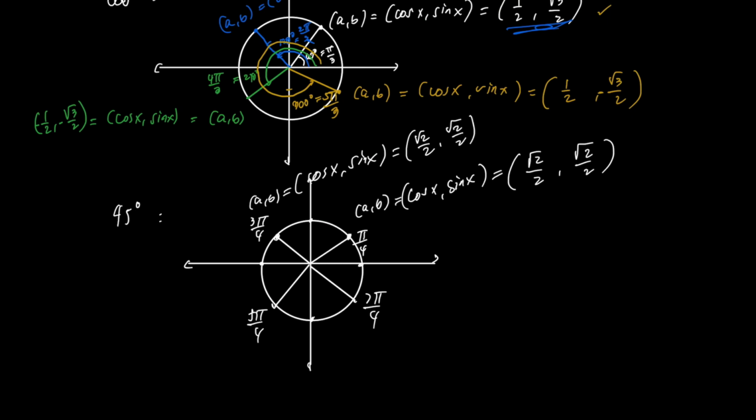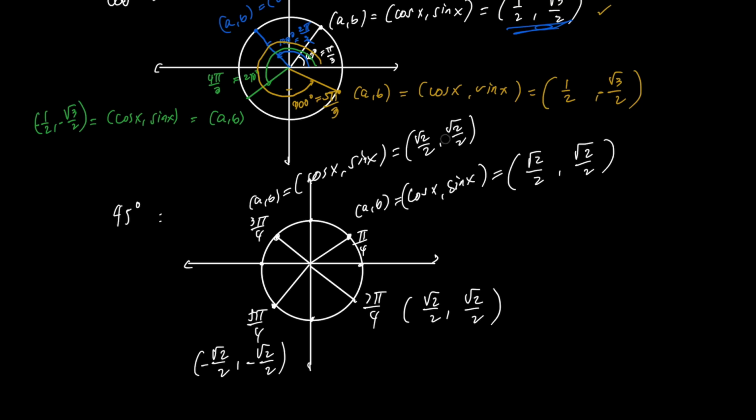But the sign of sine in the second quadrant is negative, so this is negative. Same here, that's square root of 2 over 2, square root of 2 over 2, and both signs are negative since cosine and sine functions are negative in the third quadrant. Here, that is also square root of 2 over 2, square root of 2 over 2.